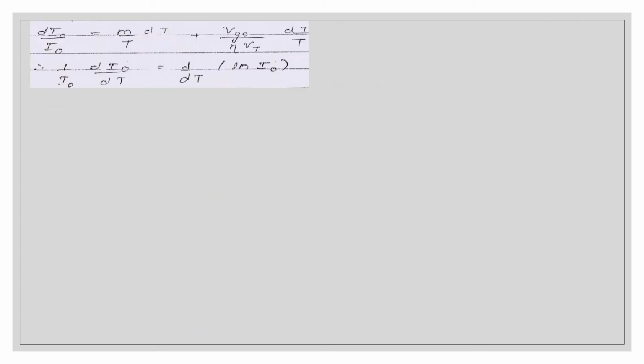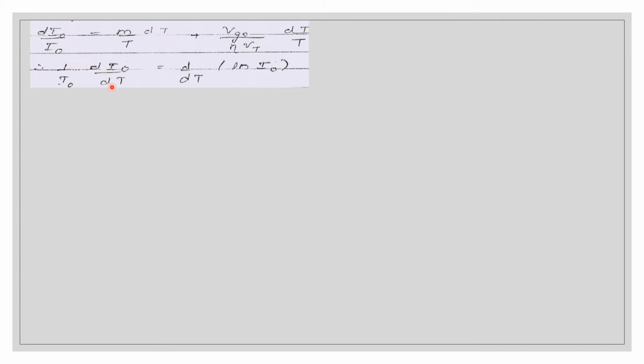So we get dI0/I0 = (m/T) dT + (Vg0/ηVt)(dT/T).